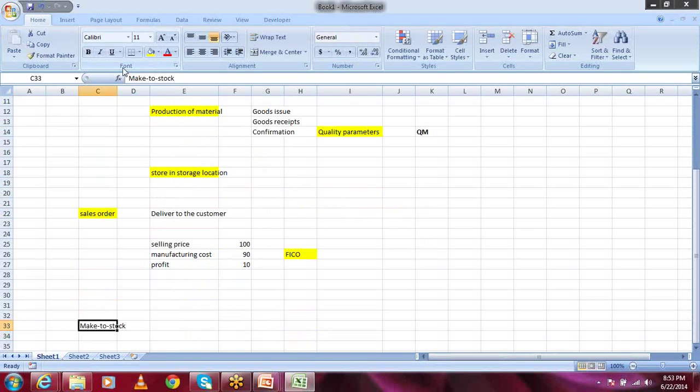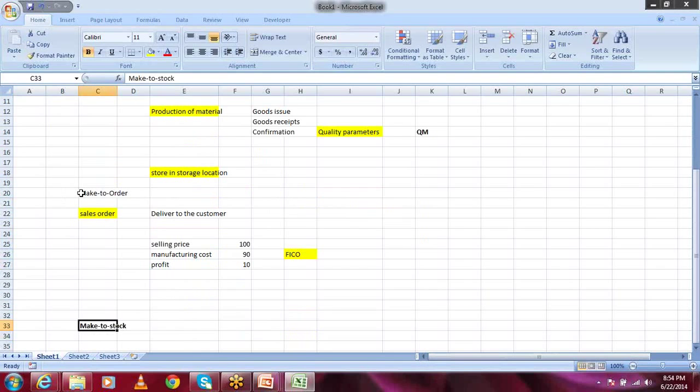If you are making based on the order, that is called make to order. It is not possible to manufacture all products that way. You will keep the stock ready, so whenever a customer comes, he will purchase and take it. That is called the make to stock scenario. For that also you require planning for raw materials, machines or labor.